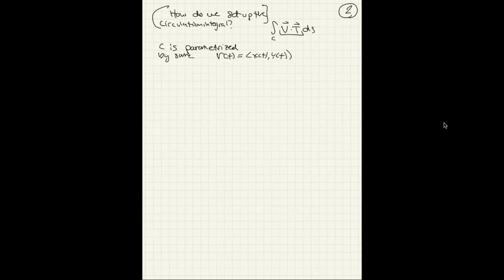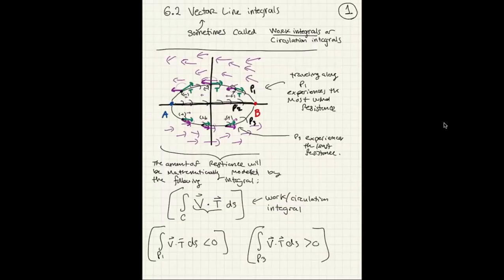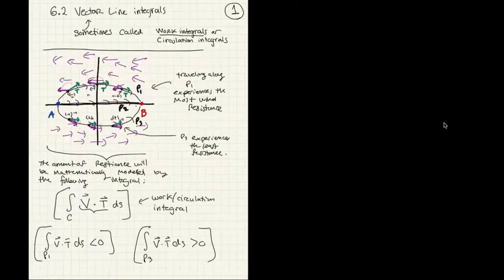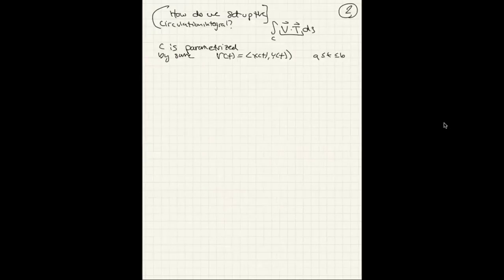You can do all of this for stuff in 3D as well. Everything works the same, but just for today, we'll do the smaller examples in the 2D plane. Your t is ranging between some a and some b. It's also important that we go from a to b. So we're really working with oriented curves. C is an oriented curve, there are arrows on the curve. We want to make sure our parameterization travels the right way.